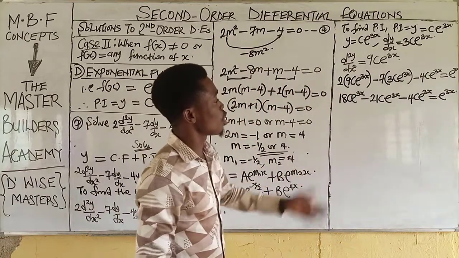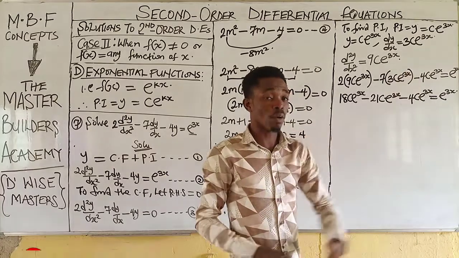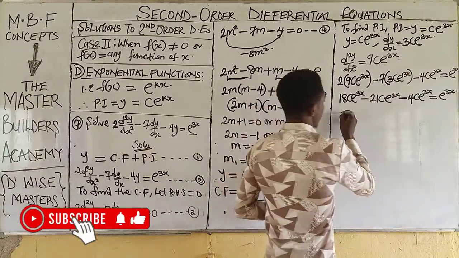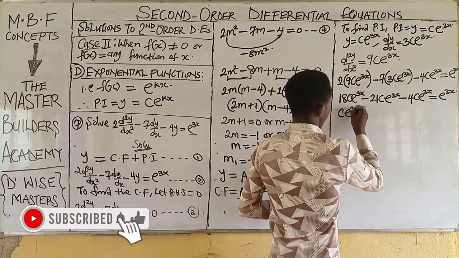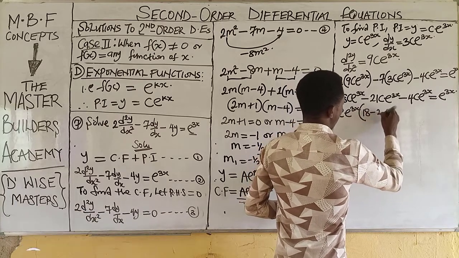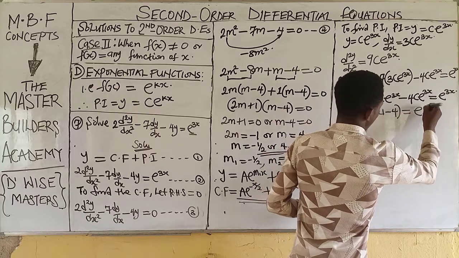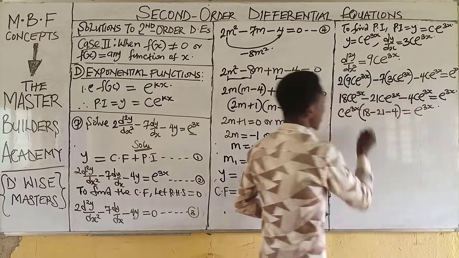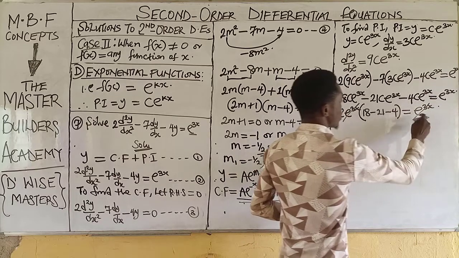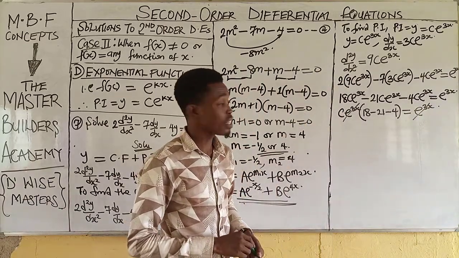So guys, at this point, we see that at the left hand side, c exponent 3x is common. So we can factorize this and have c exponent 3x is equivalent to 18 minus 21 minus 4 is equal to exponent 3x. So we can divide both sides by exponent 3x. We will be left with 1 at the right hand side of this equation.